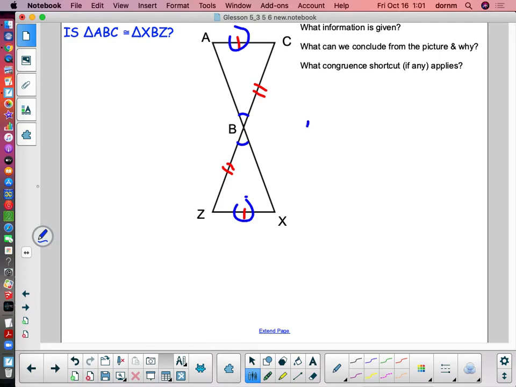Again, the answer is no. Side-side-angle does not work. And I'm sure by now you've probably noticed if you reverse the letters in side-side-angle, you get a little bit of a naughty word. So if you see that naughty word forwards or backwards, that's not going to be one of our shortcuts. It doesn't work.